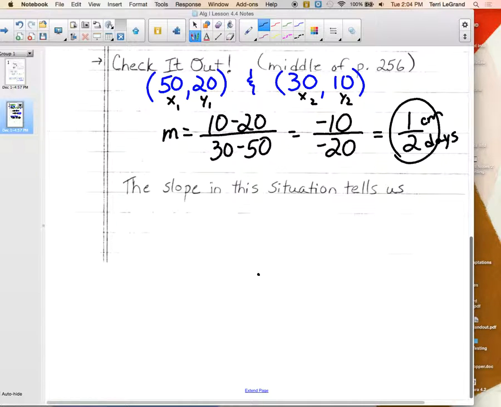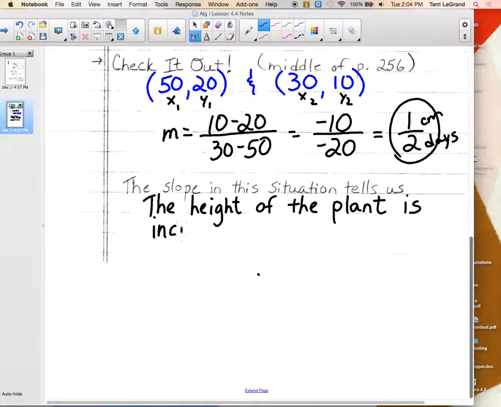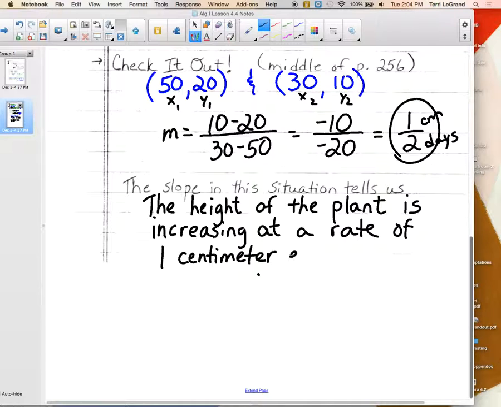So we should be able to say then, the height of the plant is increasing, it's growing, at a rate of 1 centimeter every 2 days.